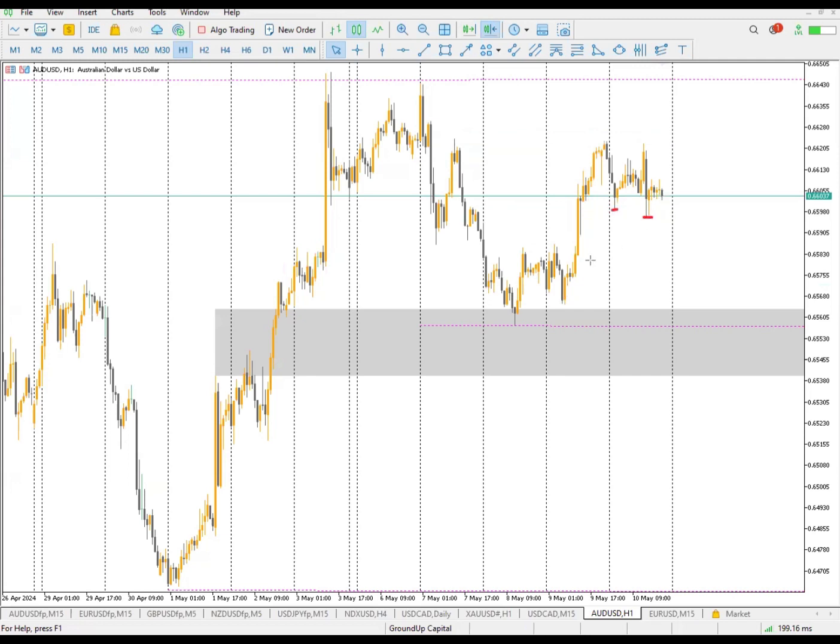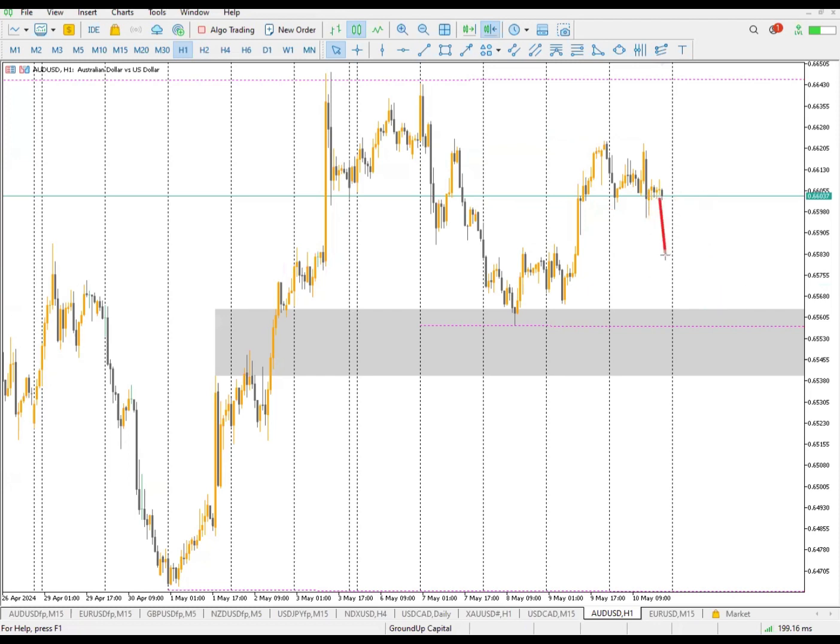So there is a high chance that we do get a deeper pullback into these areas right here before we start to see any change of character to the upside for the buyers to take control of this market.